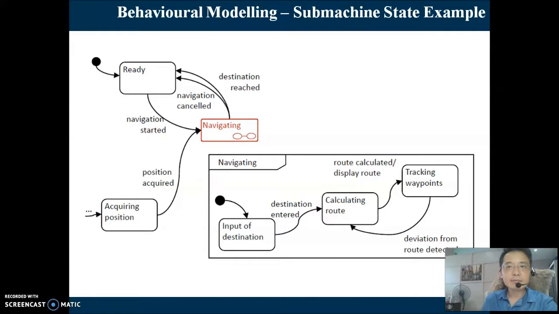To understand submachine state diagram further, let's look at this example. This is a similar example for car navigation system. The starting state of the car navigation system is ready, as indicated by the start notation.